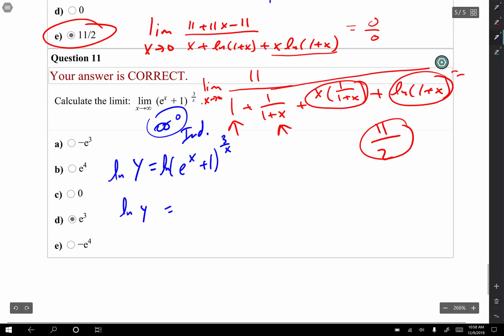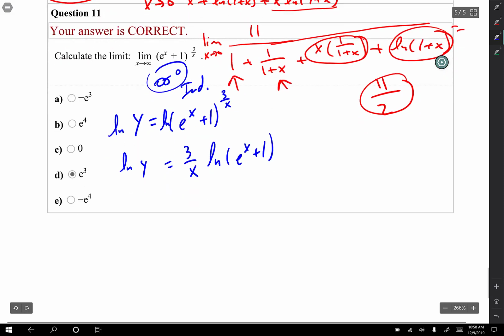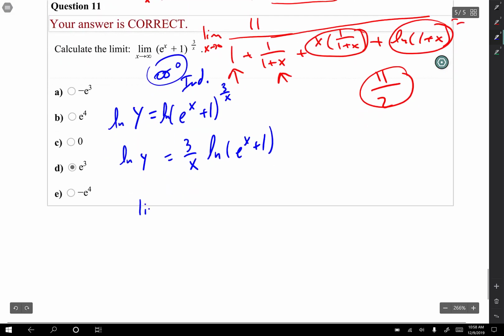Bring the 3 to the x to the front: ln of e to the x plus 1. All right, let's take a derivative. So limit as x approaches infinity. Remember, I have an ln in the front, so this is not going to be my final answer. So before I continue, ln of e to the x plus 1, over x.